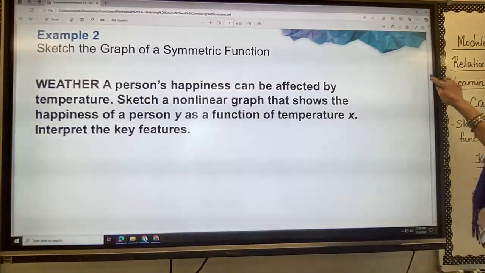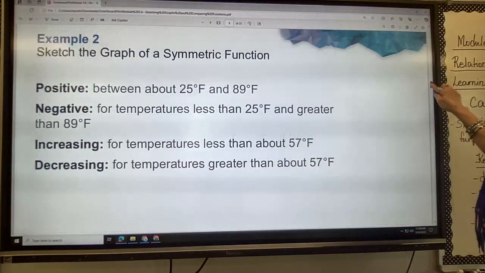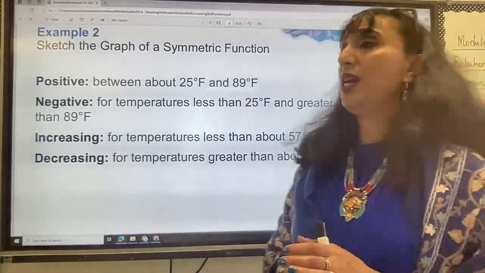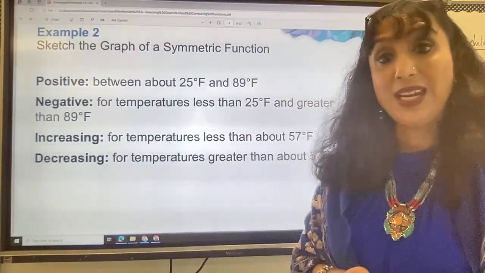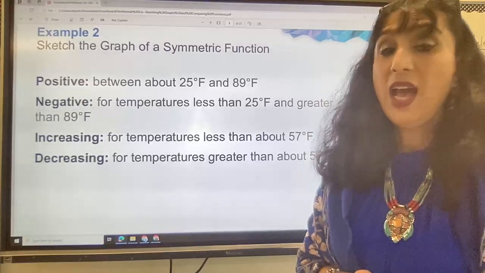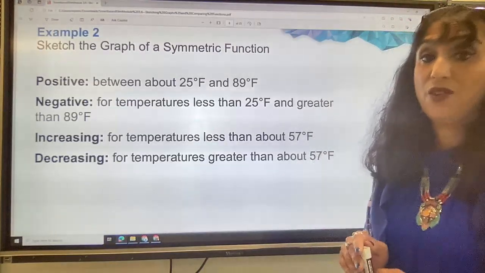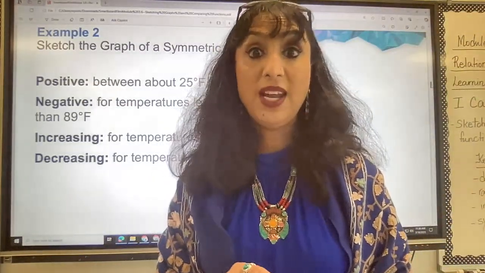Let's look at the key features. It is positive between about 25 degrees Fahrenheit and 89 degrees Fahrenheit. For temperatures less than 25 degrees Fahrenheit and greater than 89 degrees Fahrenheit, it's going to be negative.